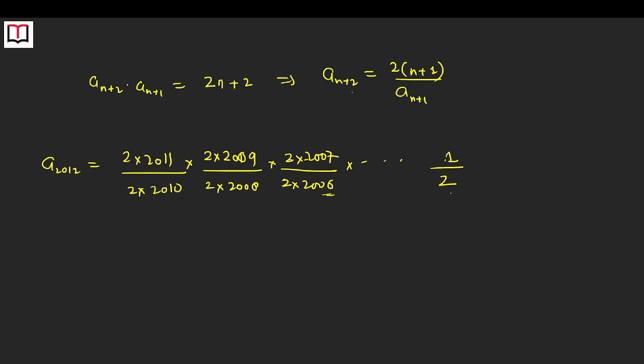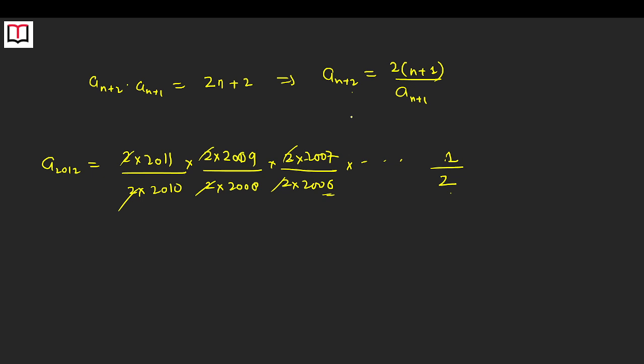So how many 2s do we have? According to me, we have one extra 2. But wait, 2011, 10, 6, then it will be 5, 4, 3, 2, 1.